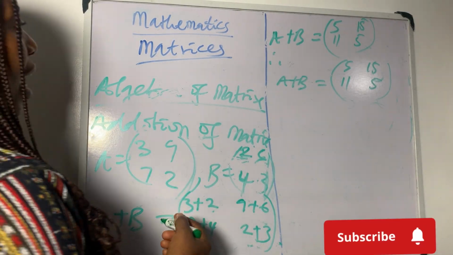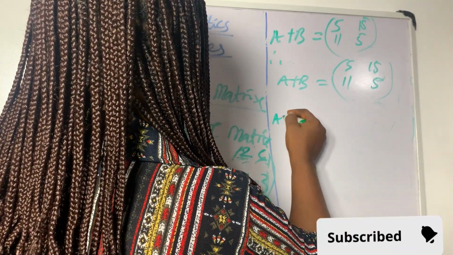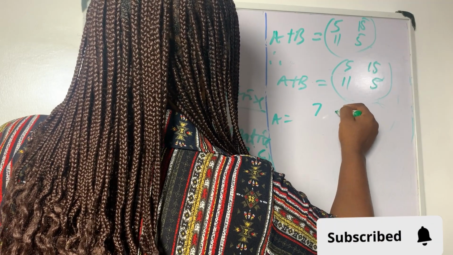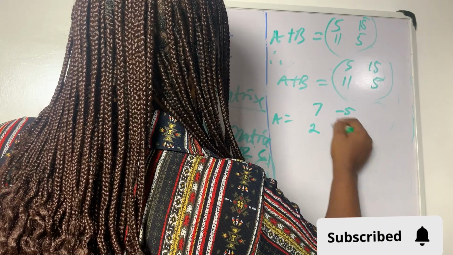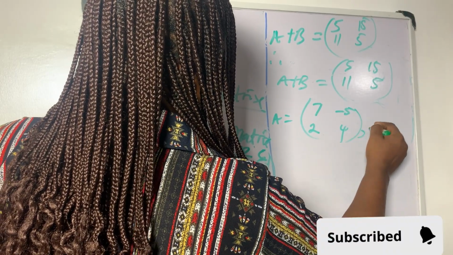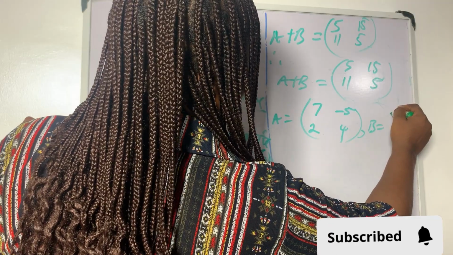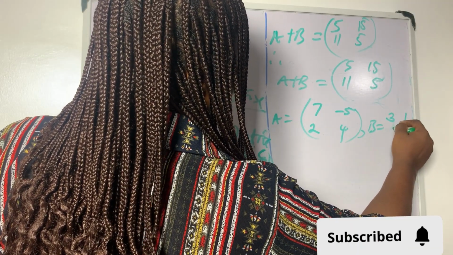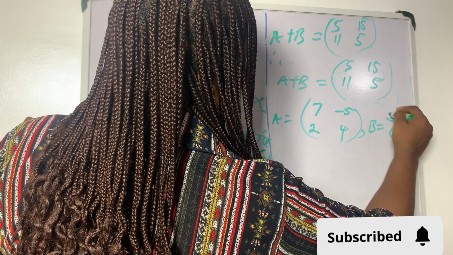We can as well add another set of matrices, giving A as 7, minus 5, 2, and 4, and matrix B equal to 3, 1, 6, and 2.